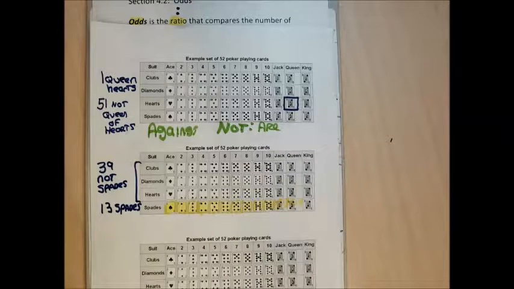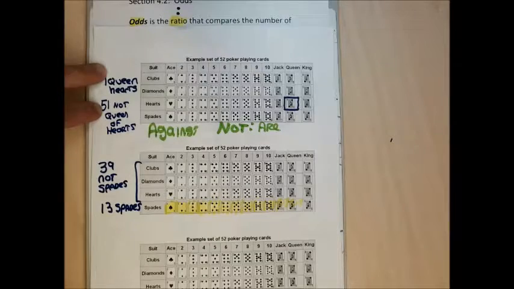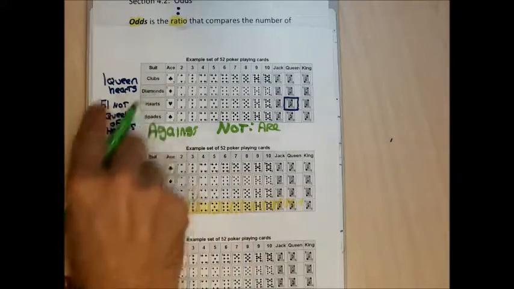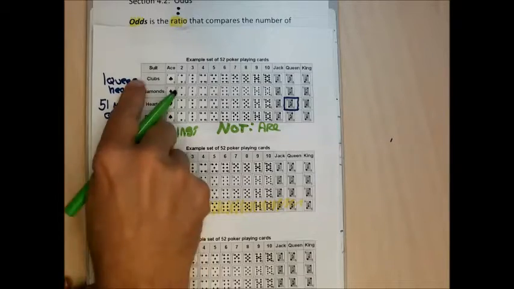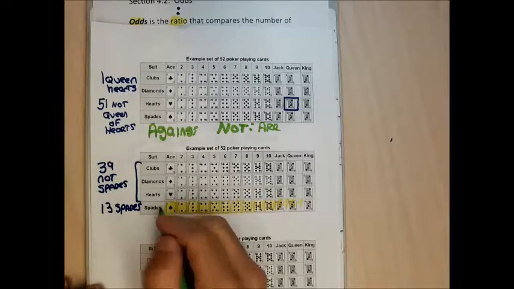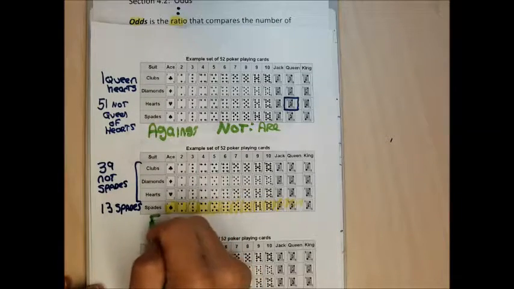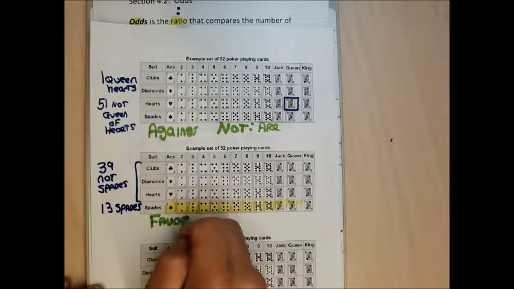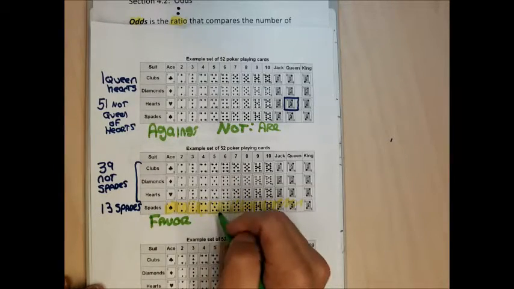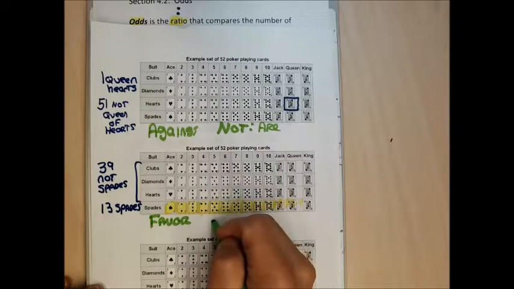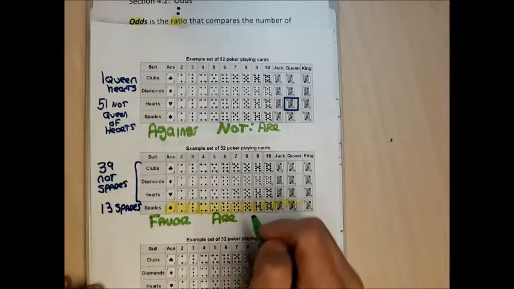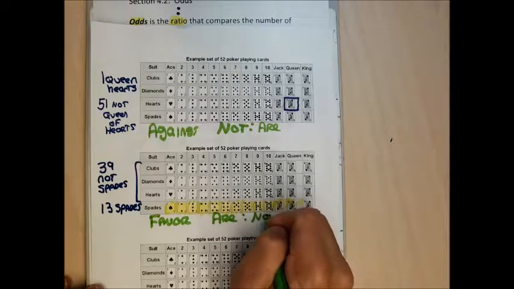When I found the odds against selecting a queen of hearts, I did 51:1 because I want the not having the quality first and having the quality second. If I want the odds in favor of selecting a spade, I want to flip the numbers and do the number that are spades first and then the number that are not spades second.